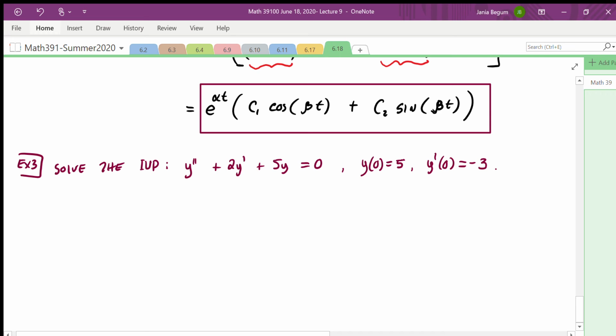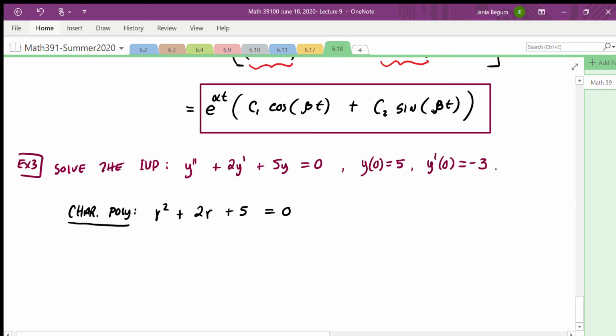Okay, so let's start. What is our characteristic polynomial? It's going to be r squared plus 2r plus 5 equals 0.